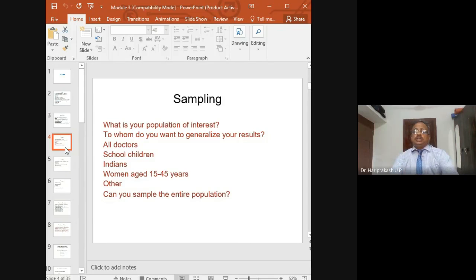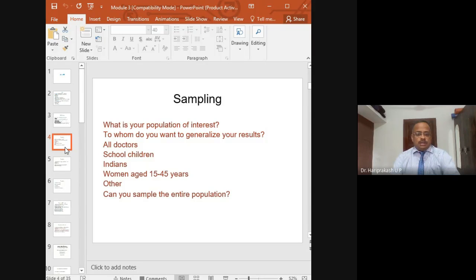How do doctors do teleconsultation for people who are home quarantined? Then all doctors become your population, right? And it is not possible for you to collect data from all the doctors who are doing teleconsultation for home isolated patients. So what you will do, you take a sample.